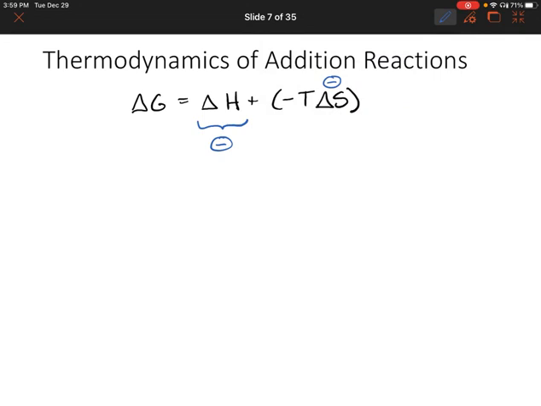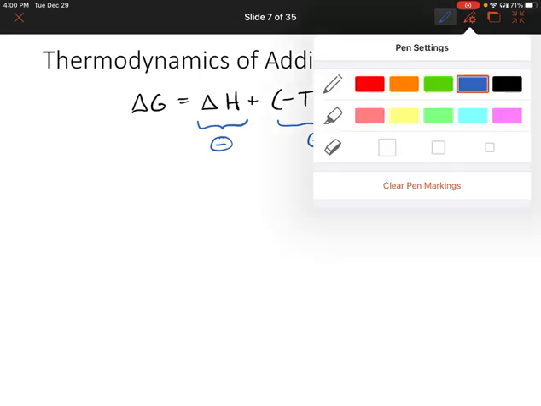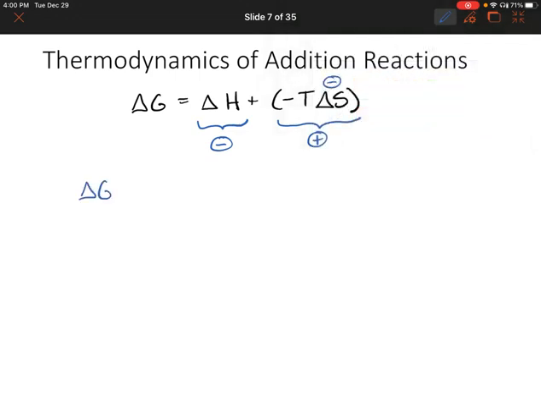So if delta S is negative, what is negative T delta S? Positive, because a negative times a negative gives us a positive. All right, so in this situation, a spontaneous reaction would have a delta G value that is negative. So remember, if delta G is negative, that means the reaction is spontaneous.